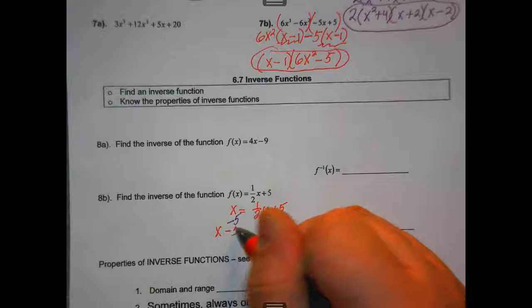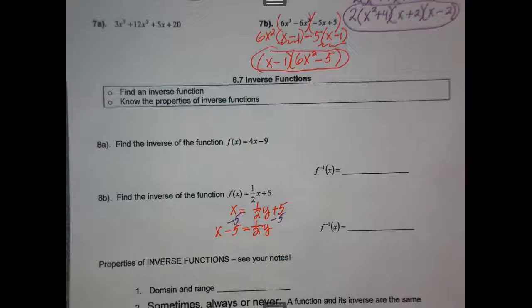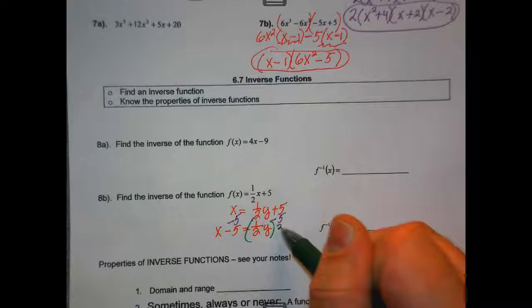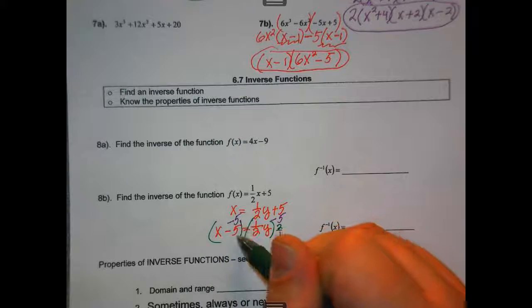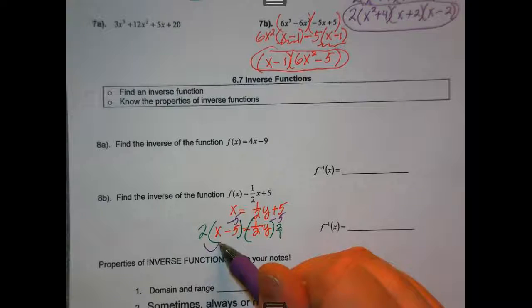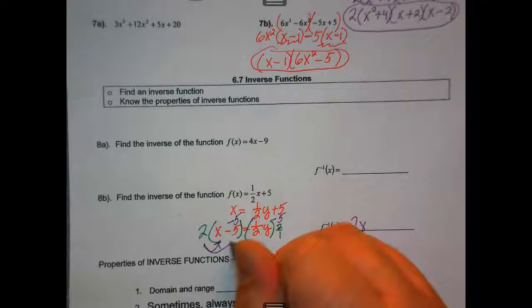X minus 5 equals 1/2 y. Multiply by the reciprocal, 2 over 1 or 2. Okay, 2 times x, 2x, 2 times negative 5.